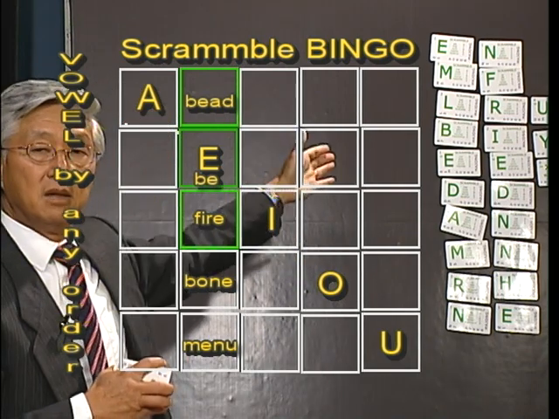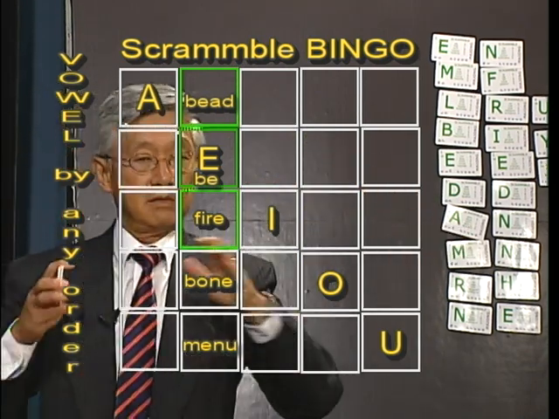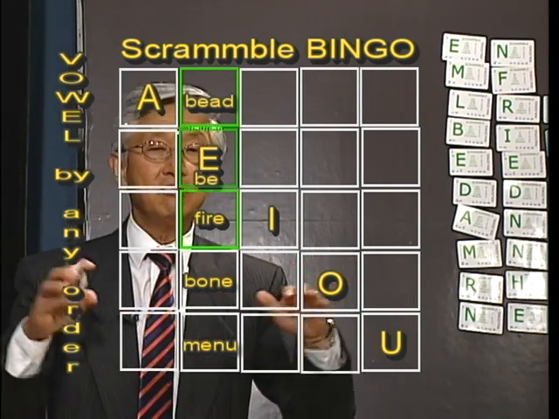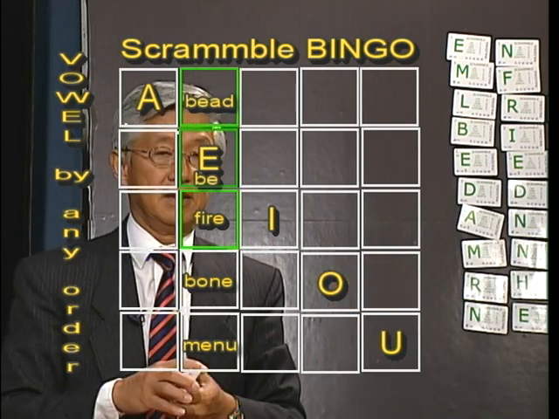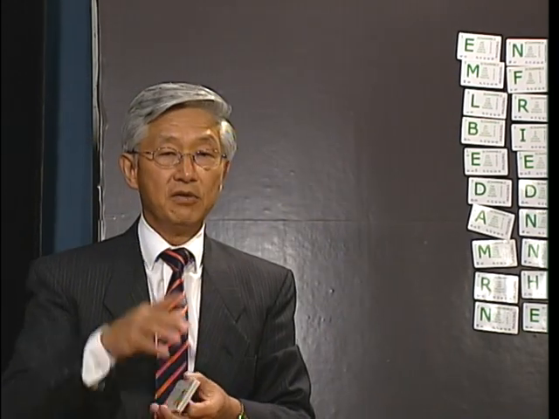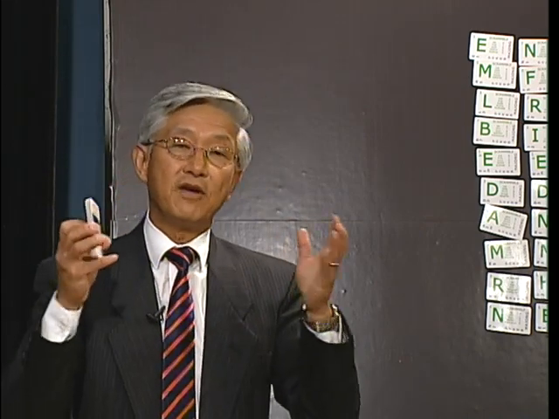You have minimum 2-letter words. Maybe the teacher says, next game we'll make minimum 3-letter or 4-letter words. I bet if you make a minimum 4-letter word, the game could be even more challenging for the teacher, right? So, this is pretty much the fundamentals of how Scramble Bingo is played.